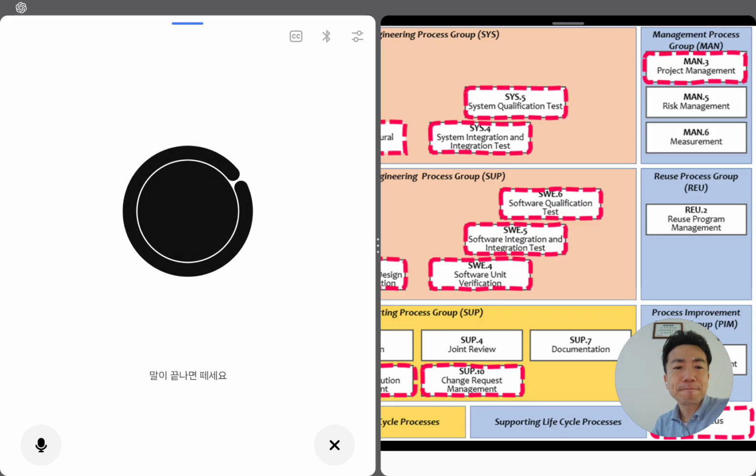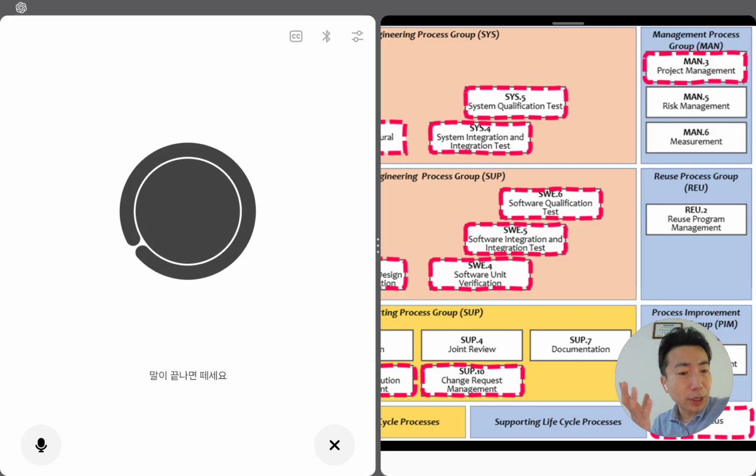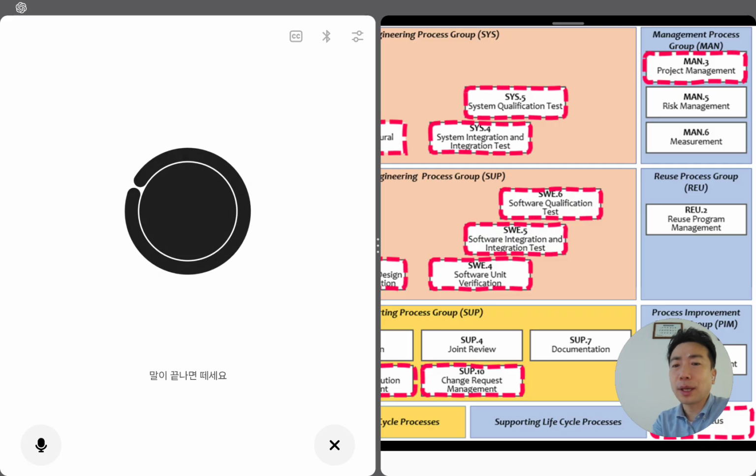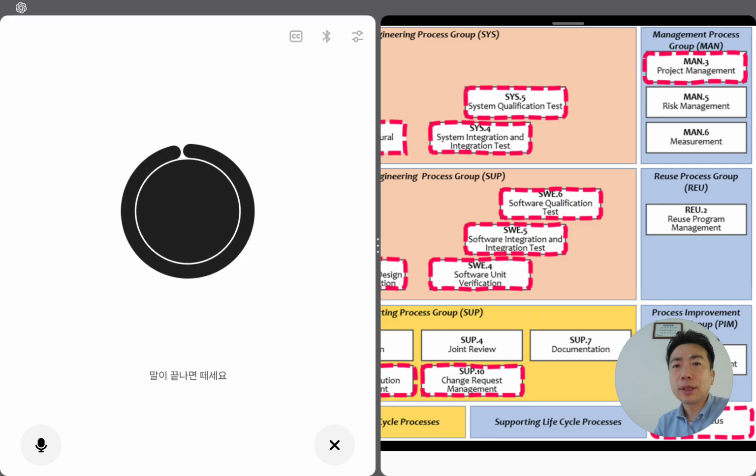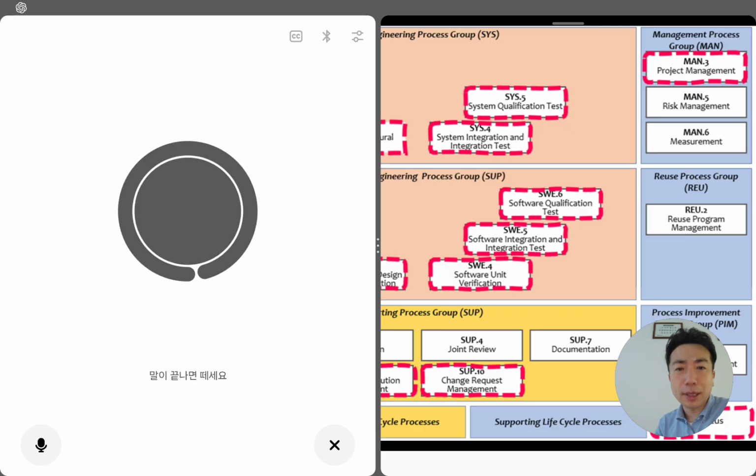Okay, I got it. I think I understand what you tried to explain. I got the point. I couldn't agree more. That's the PM role, and plan clearly.